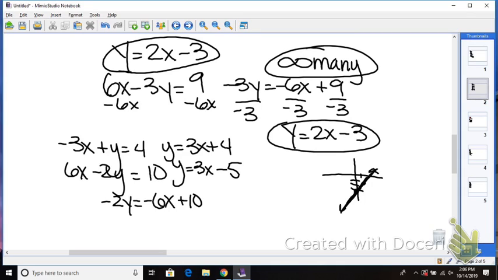So these two lines have the same slope but different b values. So in this case, you get parallel lines. So what do I write for my answer for these two? No solution, because there's no place that they're going to intersect.